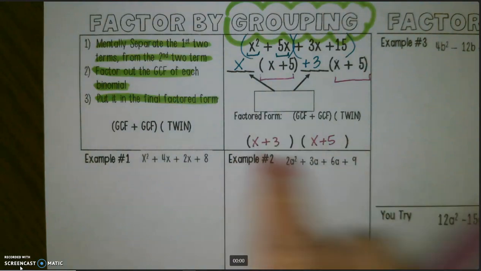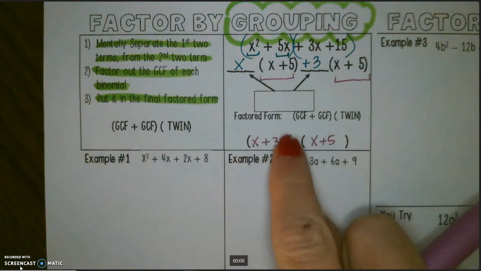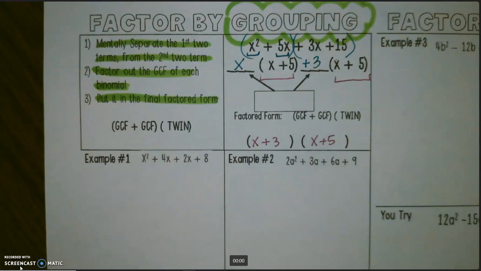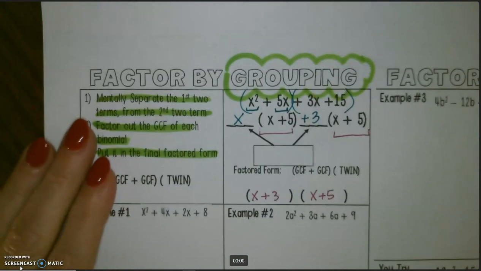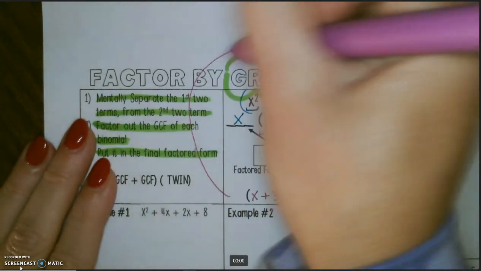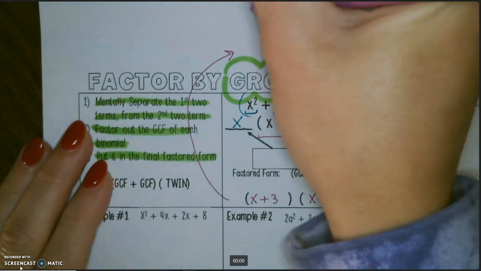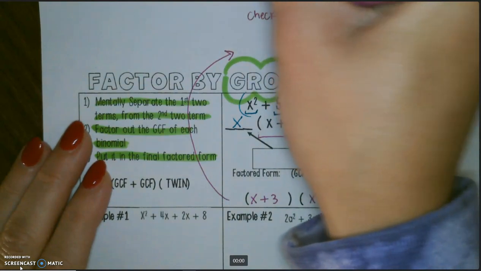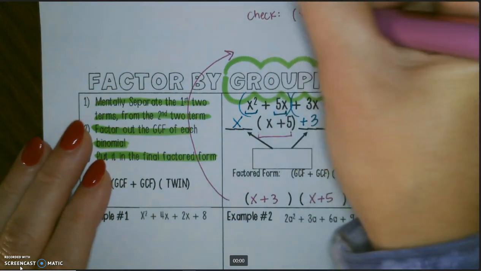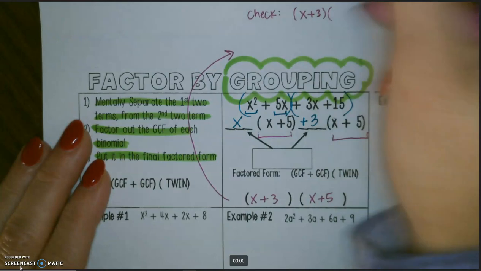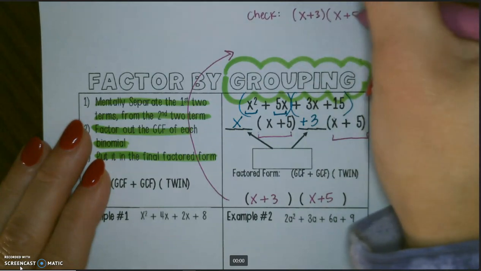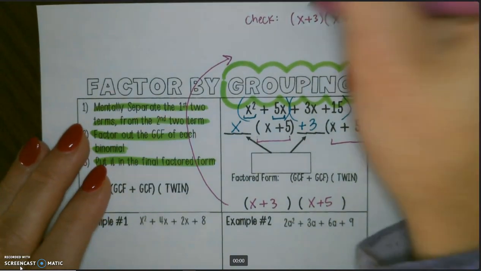If you wanted to check your answer, we could take what we currently have, multiply it back out and confirm that it matches. So what it would look like if we did want to check it is we could take our binomials and multiply them back together to confirm that we get the same thing, right?